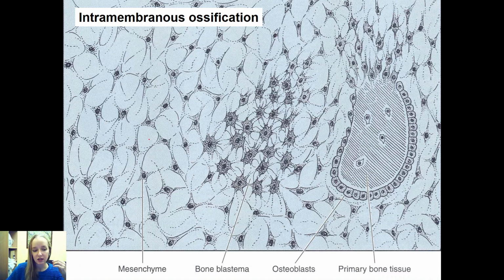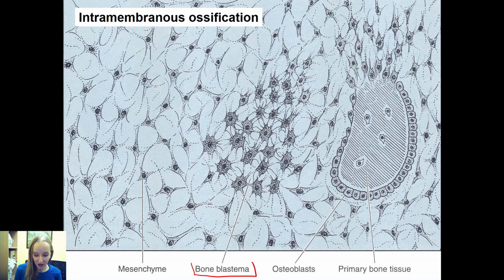First, the mesenchymal cells are connected together. They form this bone blastema, just like we had cartilage blastema, we also have bone blastema. This group of mesenchymal cells connecting together form these osteoblasts, which are then producing a bone matrix. It's straightforward, like in cartilage formation.